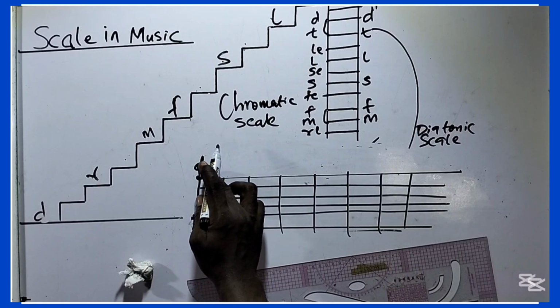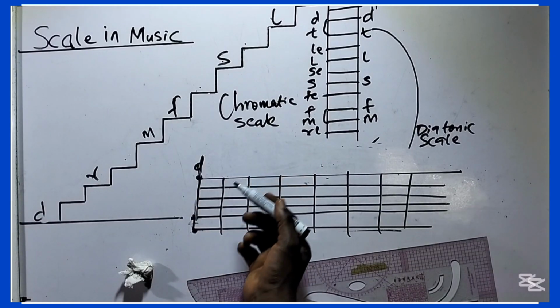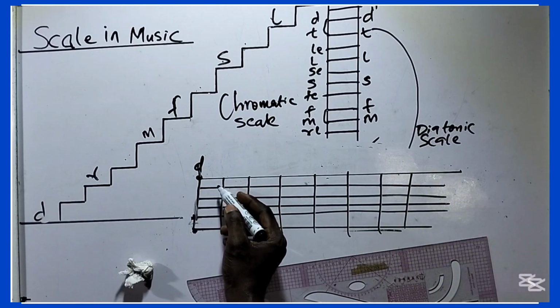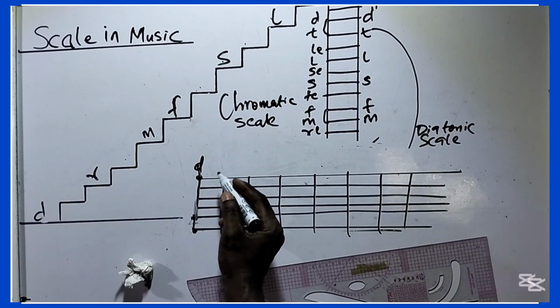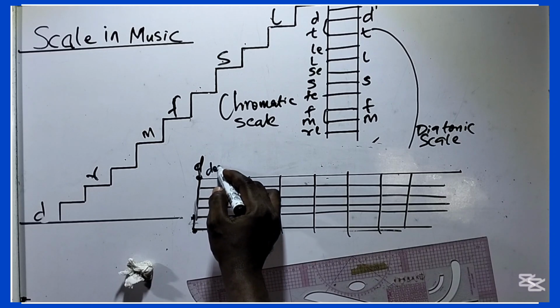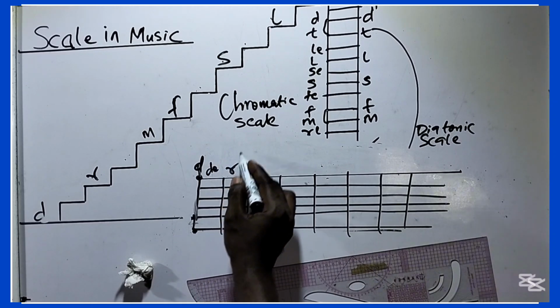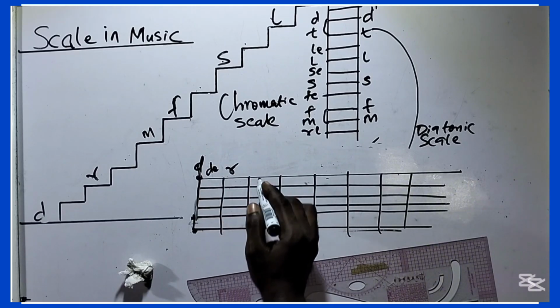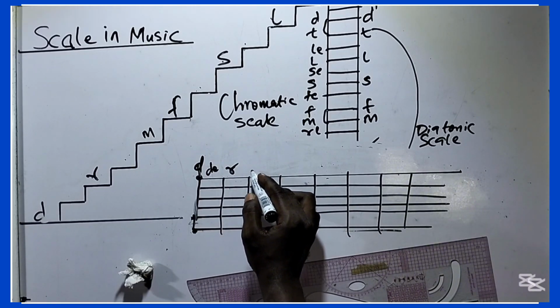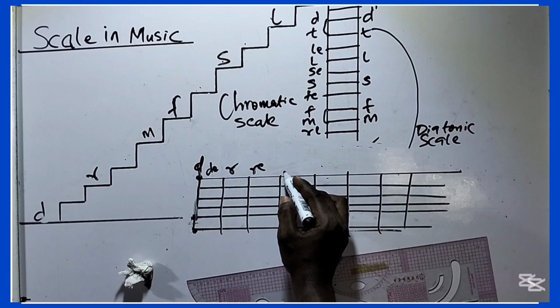If you play the open string, that is Do of key E. Then if you hold it, it is D. If you play this one, it is Re. If you hold this one, it is what? Re. Chromatically. Do you understand it?